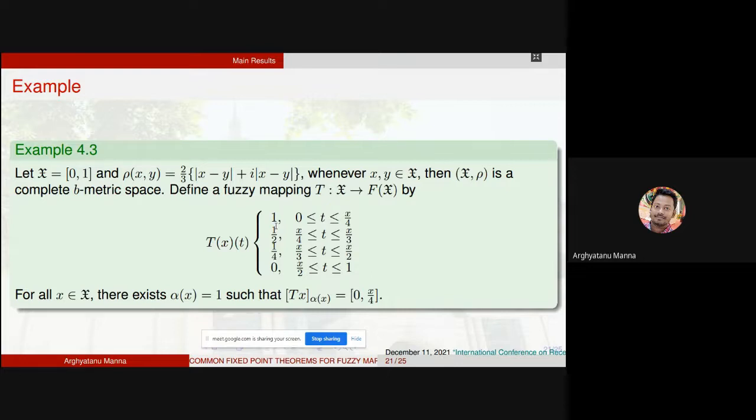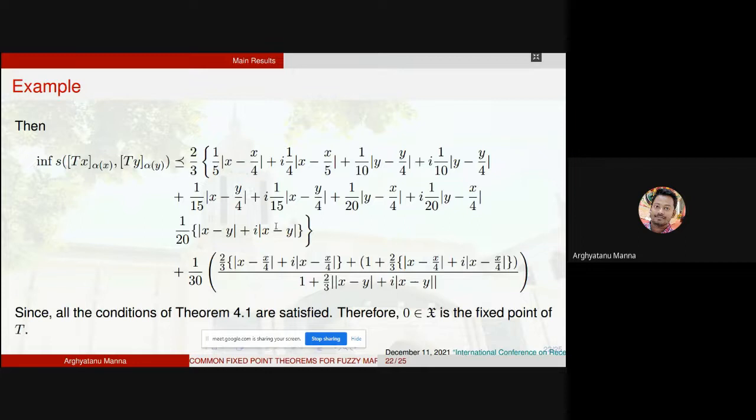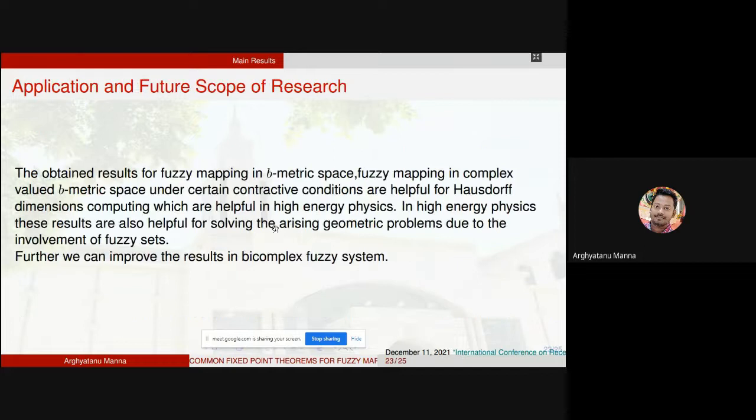For all x belonging to X, there exists α(x) = 1 such that [Tx]α(x) = [0, x/4]. The conditions of Theorem 4.1 are also satisfied, and 0 is a fixed point, so it justifies Theorem 4.1.